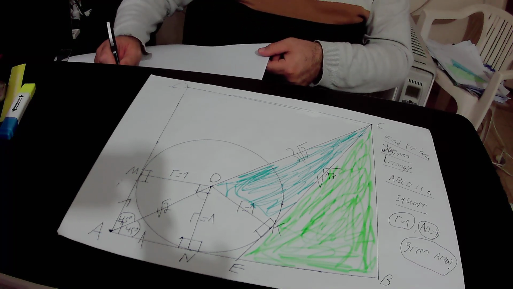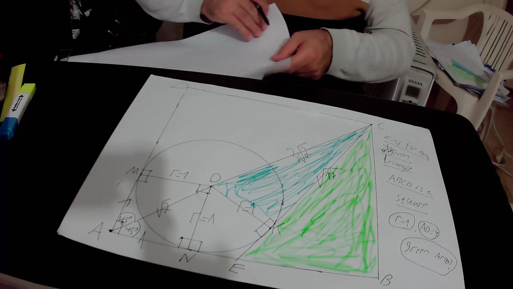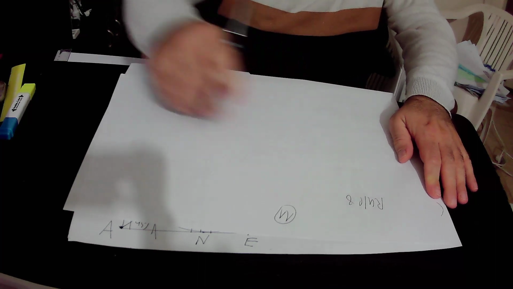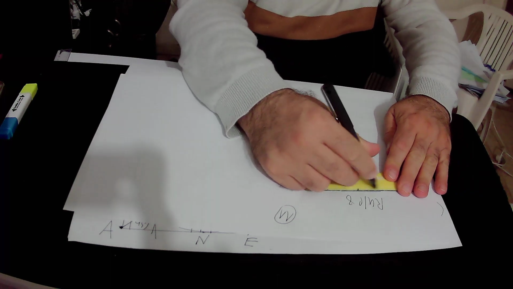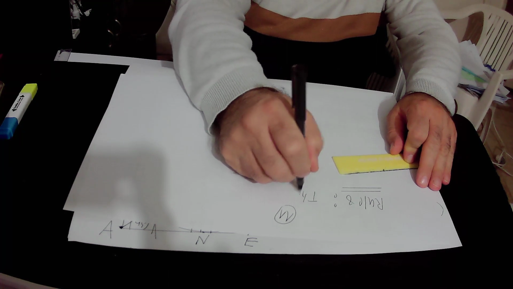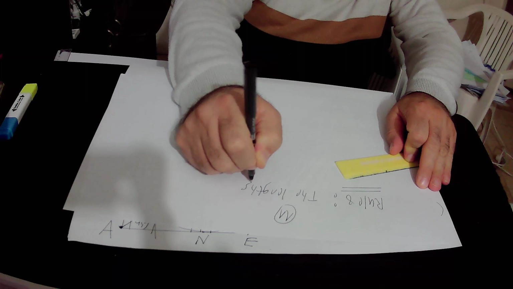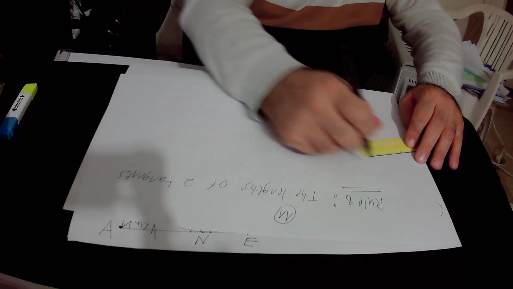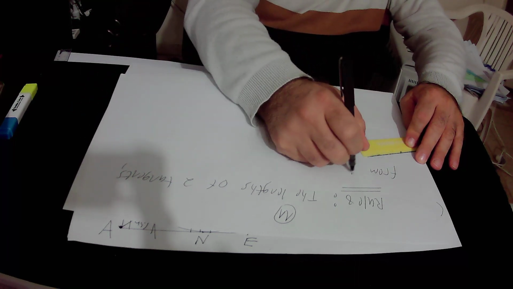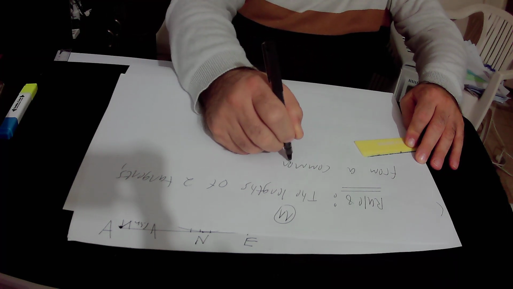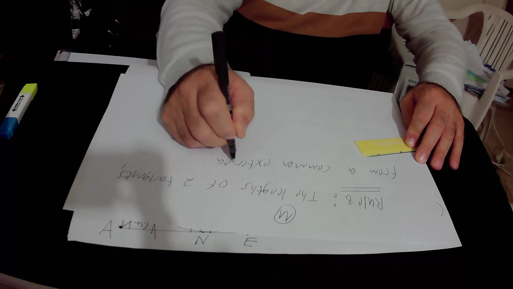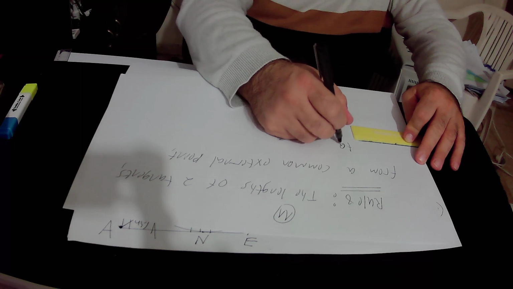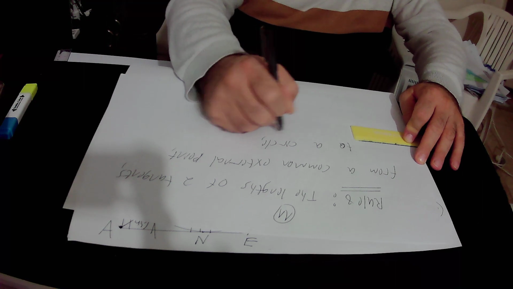Rule number 8 states that the lengths of two tangents from a common external point to a circle are equal.